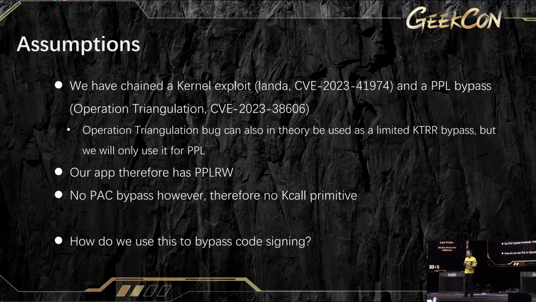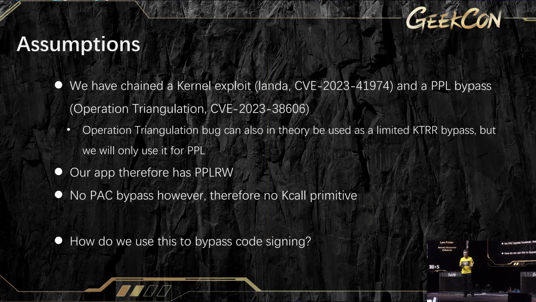Let's go through some assumptions that we make. All I will talk about here assumes you already have a kernel exploit and a PPL bypass. For this, we are going to use the Operation Triangulation PPL bypass that Boris will also present tomorrow, I think. So basically we assume we have already completed exploitation and our app has PPL read-write.